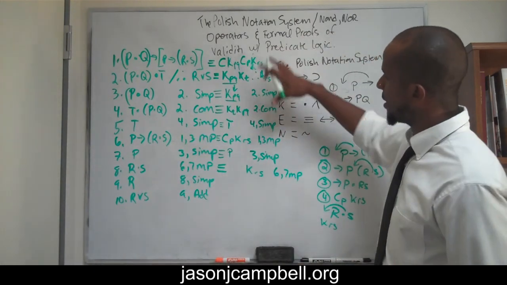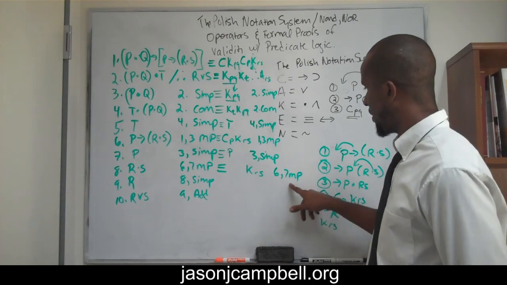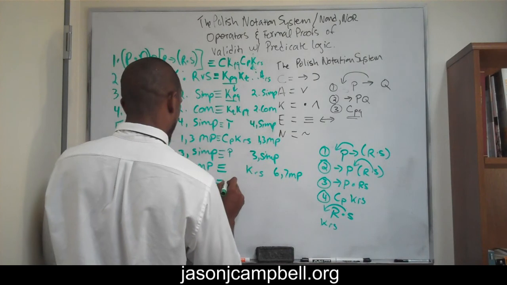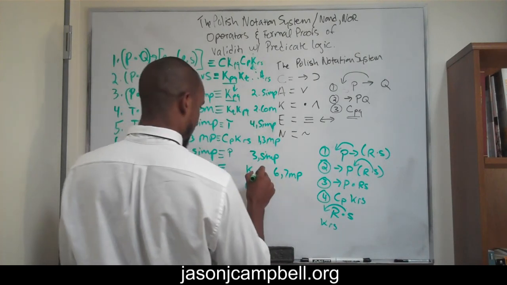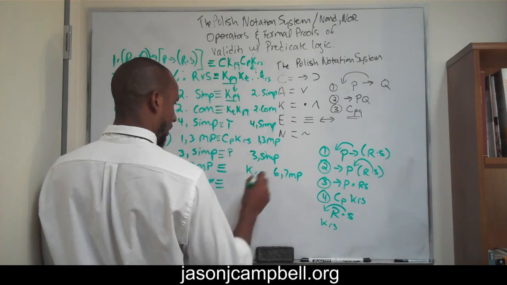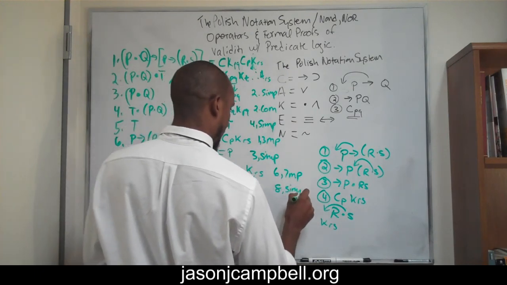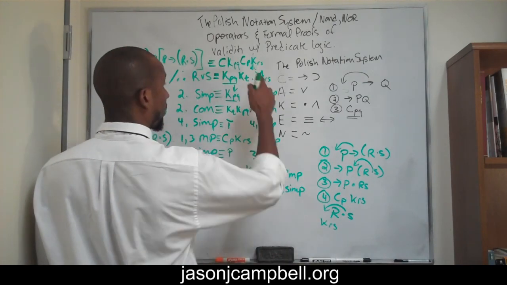Hopefully this is not too small. I'll erase all this other stuff in a little bit. 6, 7 MP. Almost done. Then we go to the next line. We have R, and that's R right there. This R comes down. R, and that's 8 simp, just like before. And then finally we have our conclusion, which is this.